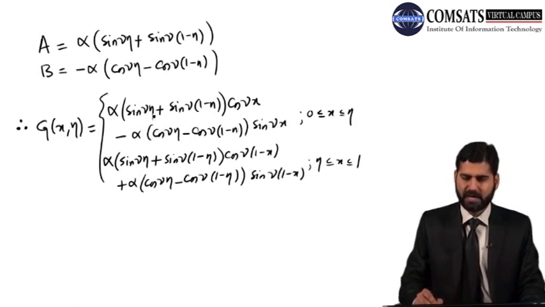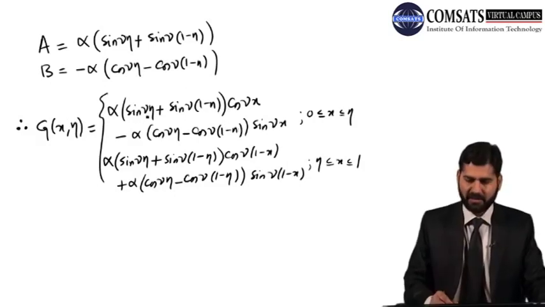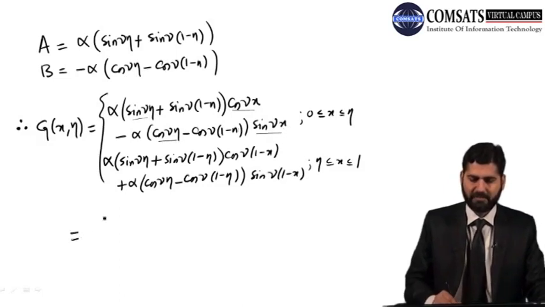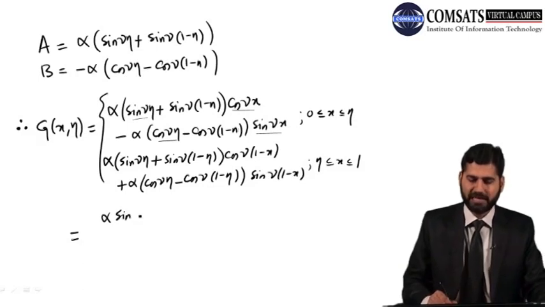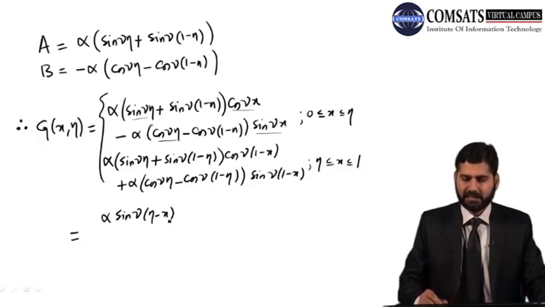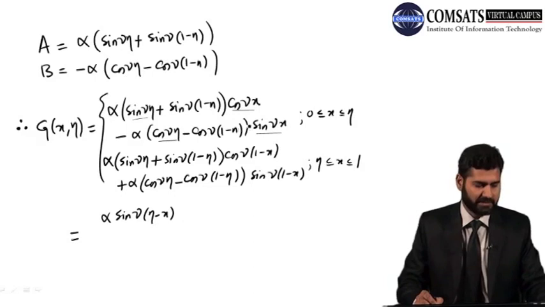sine nu eta cosine nu x and cosine nu eta sine nu x, one will become sine and the other will become alpha plus beta and alpha minus beta. So the first one, you see, is sine alpha cos beta minus cos alpha sine beta, which will become sine (alpha minus beta). So sine nu (eta minus x). The other one is sine alpha cos beta plus cos alpha sine beta, so this is sine (alpha plus beta), right?